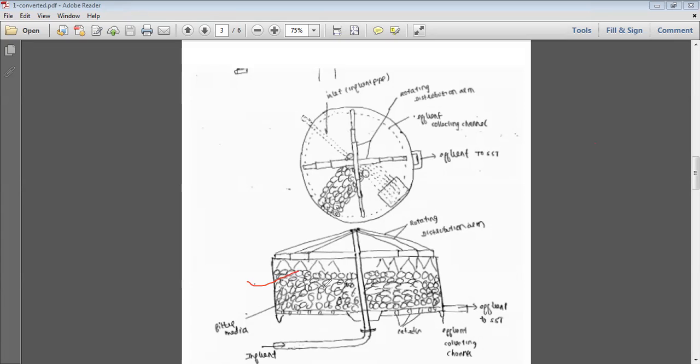Above it, the microbes can grow. Since microbes are here, we have to supply the wastewater in a sprinkling or trickling manner. This is a cross section of microbes.